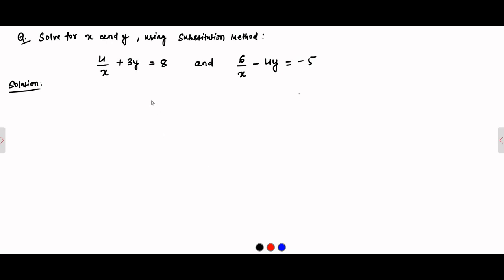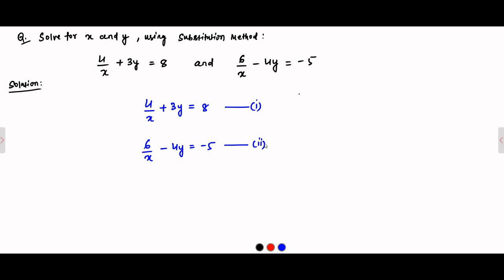Okay, so 4 by x plus 3y is equal to 8. Let's say this is equation number 1, and 6 by x minus 4y is equal to minus 5. Let's say this is equation 2.